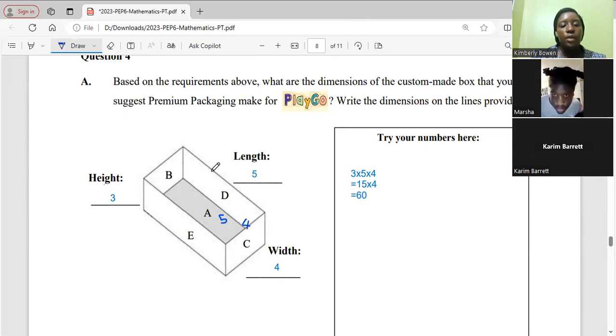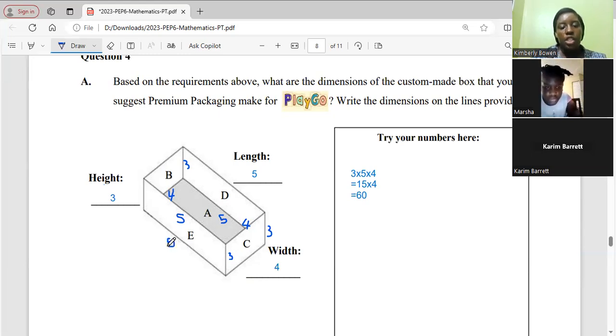If the height is 3, I know that all of these heights all around the corners of the cuboid are also 3. And I know if here is 4, across here is also 4. And the top part here is 5, the bottom here is also 5.